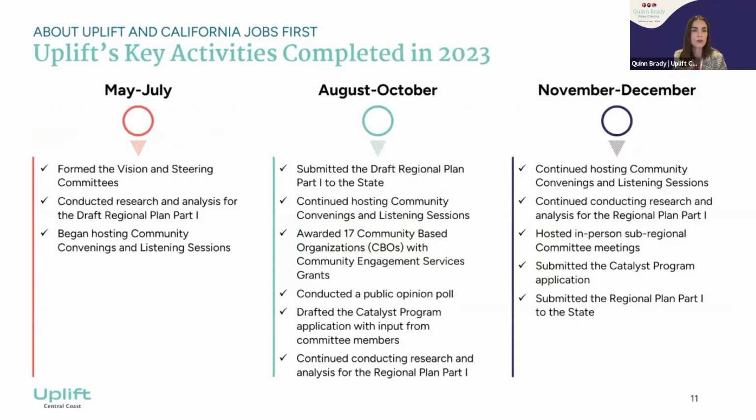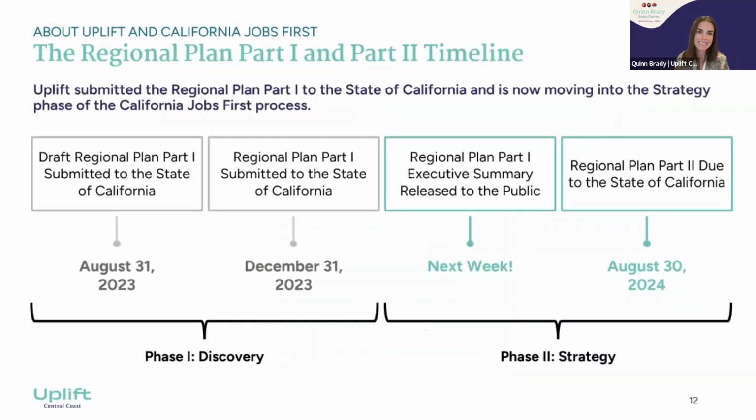And really started forming the research for the regional plan, both in partnership with community members and in partnership with research committee members. And then in November, into the end of the year, we continued lots of listening sessions. We partnered with community-based organizations around our region, and we submitted Regional Plan Part 1. So we've been up to lots the last few months, but never fear if you have not yet plugged in, there's still lots of opportunities, and we're going to have some asks for you today.